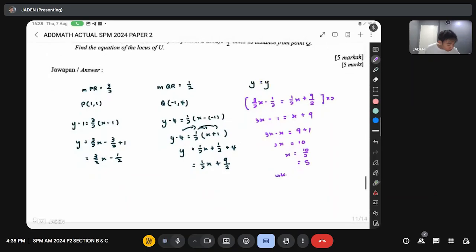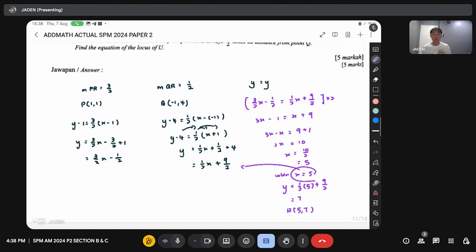And then when my x is equal to 5, you can put it back into either of the equations. So y equal to 1 over 2 times 5 plus 9 over 2. Let's say I put it back here. I get my result is 7. So the R coordinate is 5, 7. That's how you get the answer for the R coordinates.